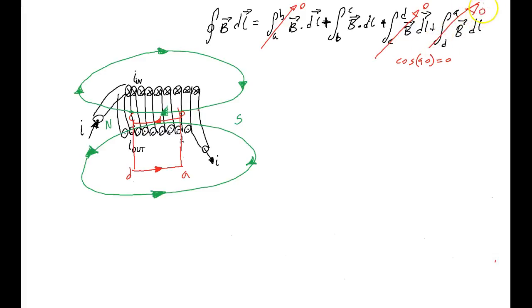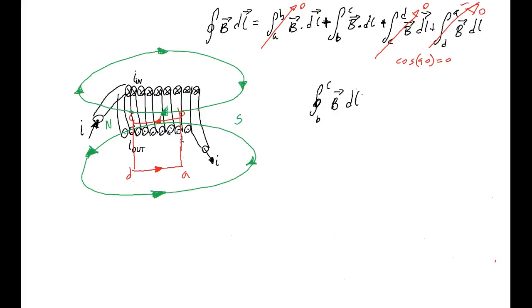So all we really need is this one, the integral of B dot dl from B to C. Well, it turns out that the magnetic field is fairly constant in this region, so B can be drawn outside, and the direction of the magnetic field and the direction of the path of integration are identical.